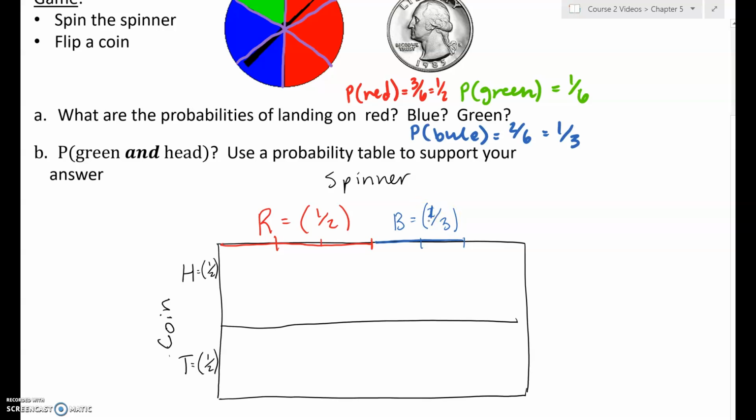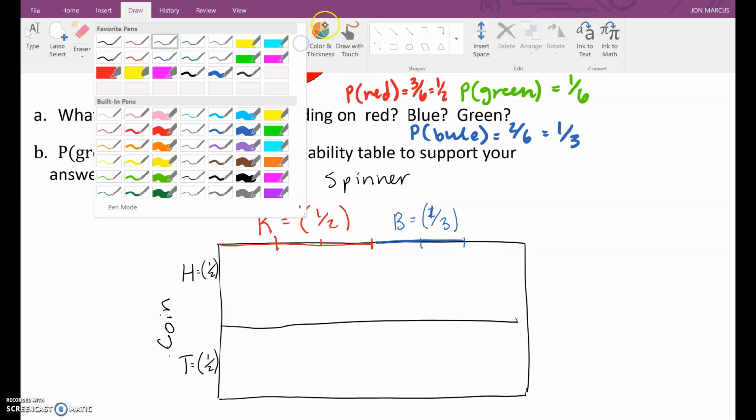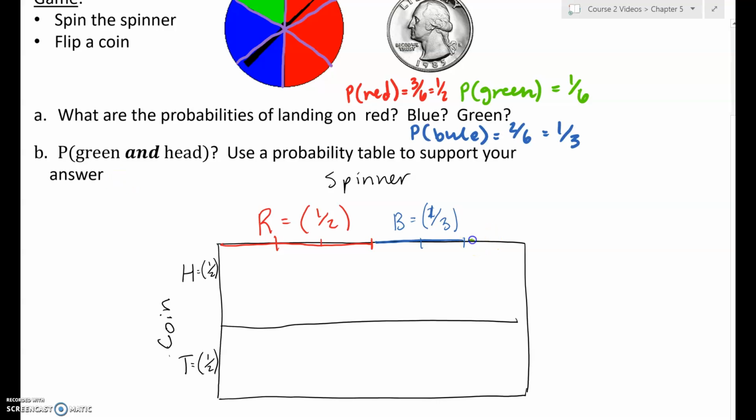And then red, and green would be the last bit here, and this would be green. Now you don't need to actually break the rectangle up according to its probability. It is just a nice visual to see how likely things are to occur. So let's draw our lines here.